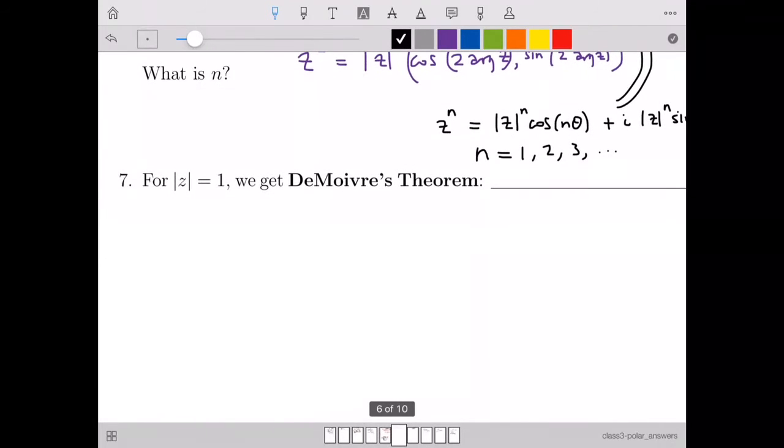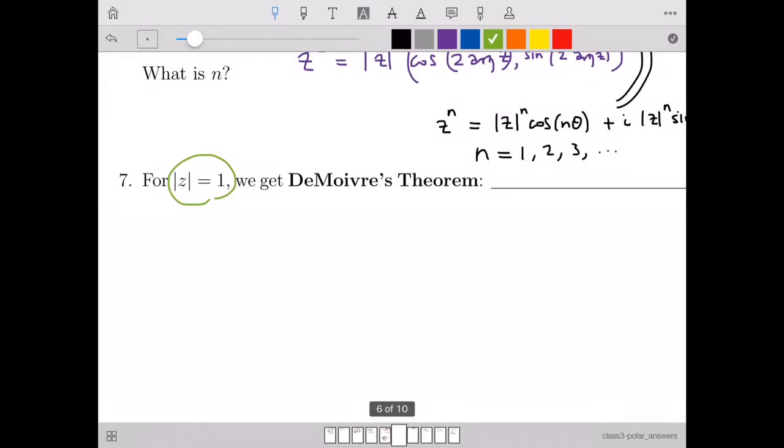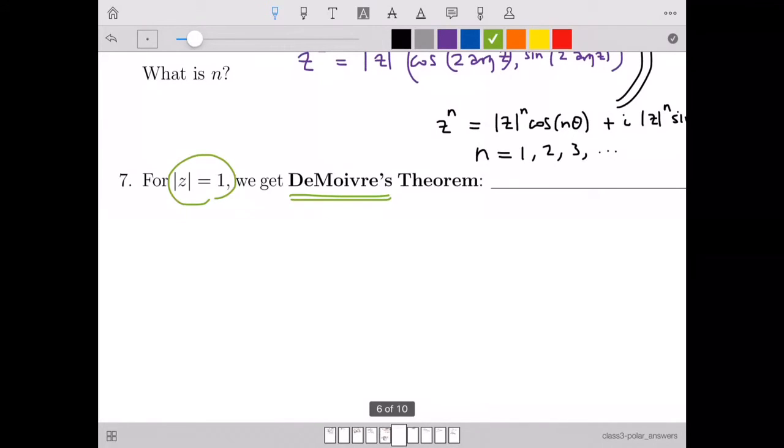When absolute value of z is 1, we get the famous DeMoivre.